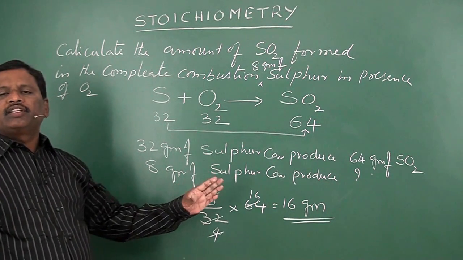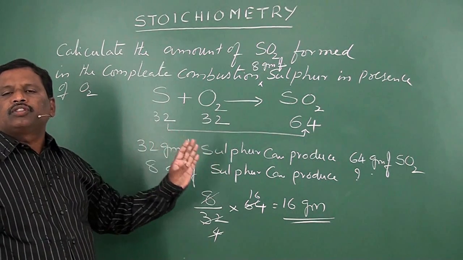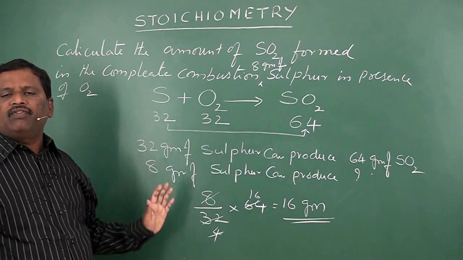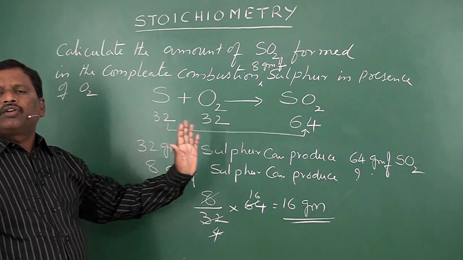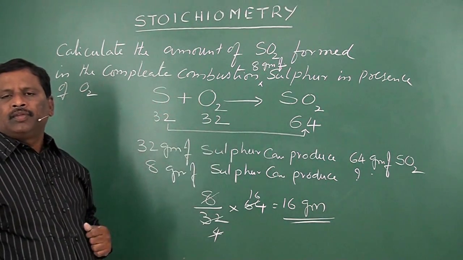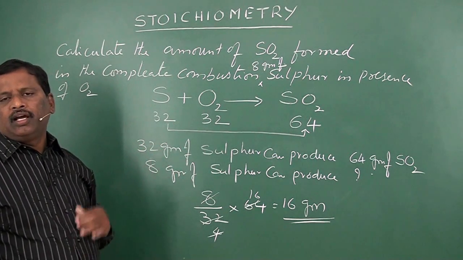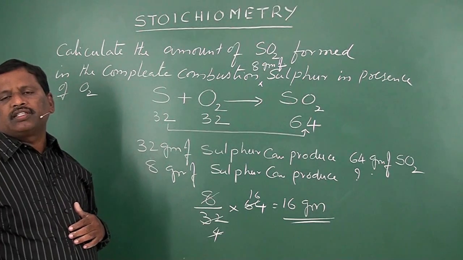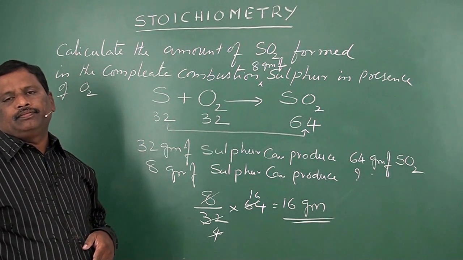Magnesium with oxygen gives magnesium oxide. Carbon plus oxygen gives carbon dioxide. Sulfur plus oxygen gives sulfur dioxide. Aluminium plus oxygen gives aluminium oxide. So any element, when burned in presence of oxygen, will form the respective oxide.